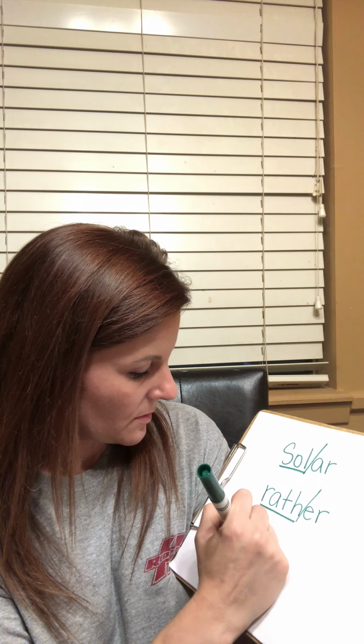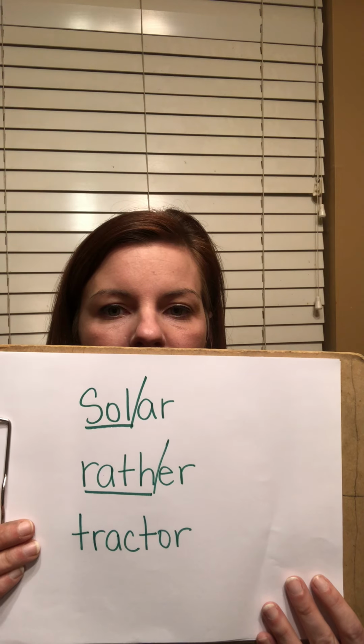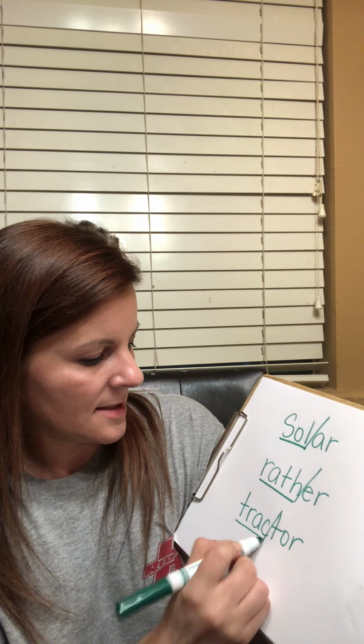Let's do tractor. Again, divide it by the syllables and underline the accented syllable. Yes, we're going to do it between those two consonants, and this would be the accented syllable.